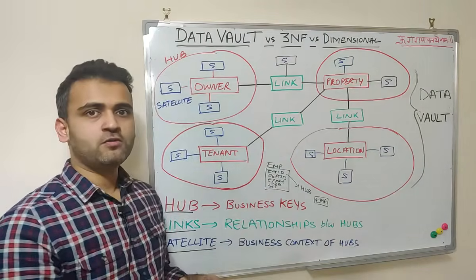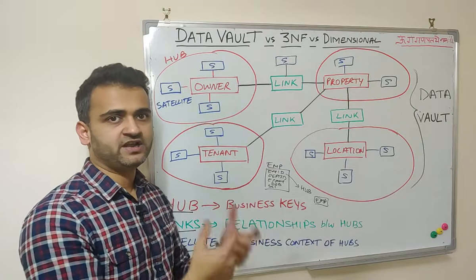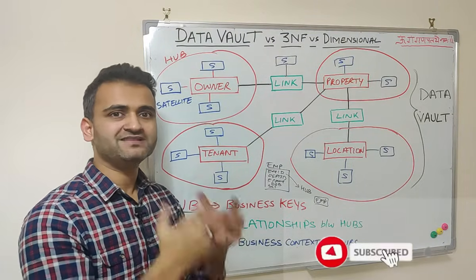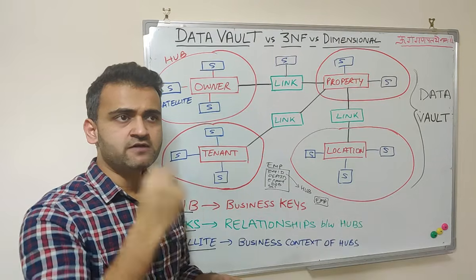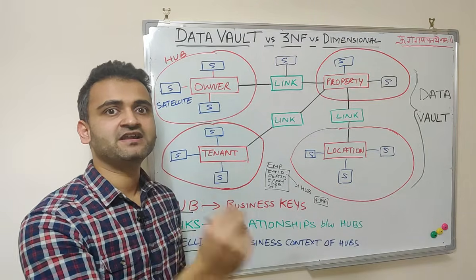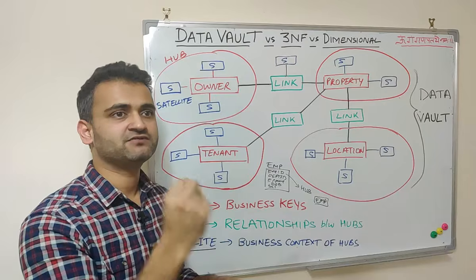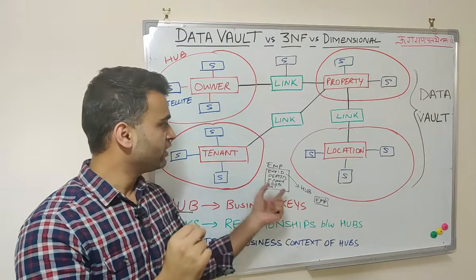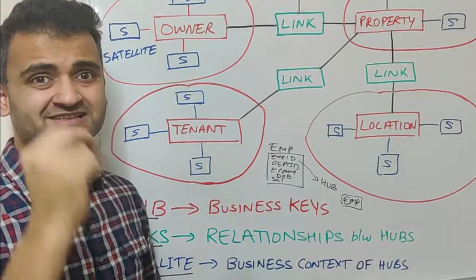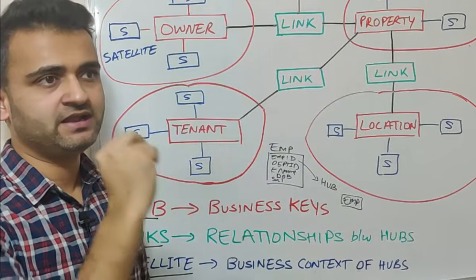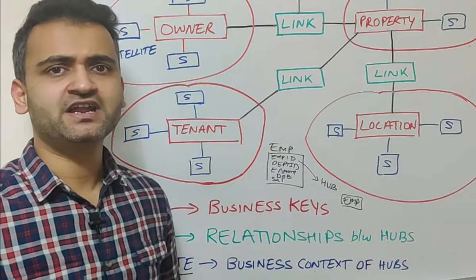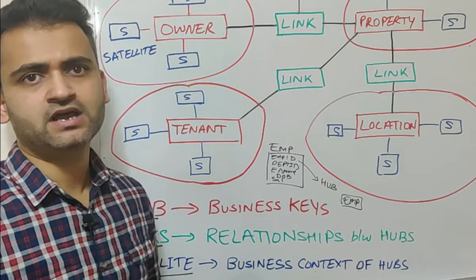The first component and the soul of a data vault is its hub. Hub is the business key. Business key is that column in your table which the business can clearly identify with and relate with as far as the data is concerned. For the employee table, the business can directly correlate with the employee ID, and it can uniquely identify any employee in a company.